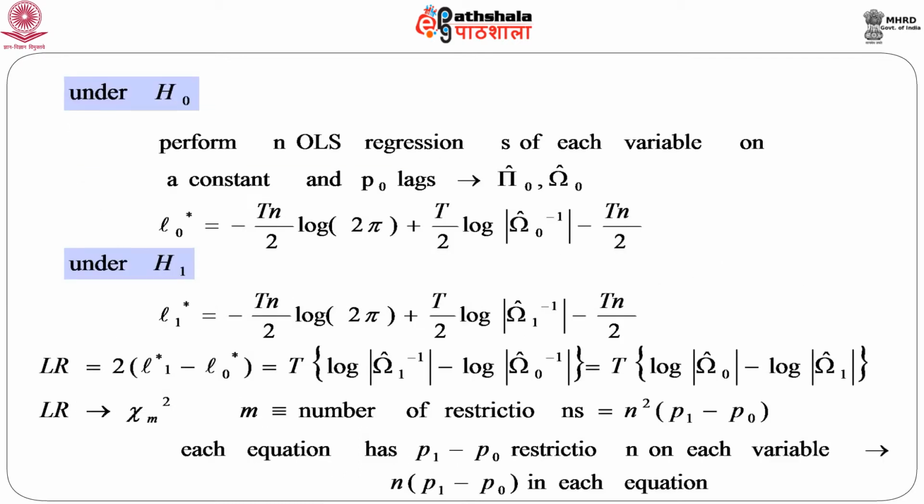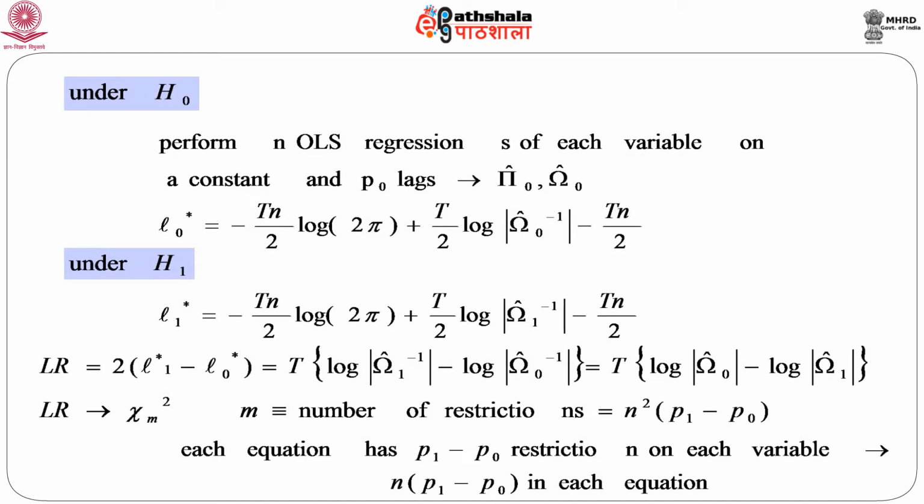Then what we do, we put restriction on each of these extra parameters and carry out the likelihood ratio test, and the likelihood ratio test statistic should follow chi-square m, where m is the number of restrictions in each equation.